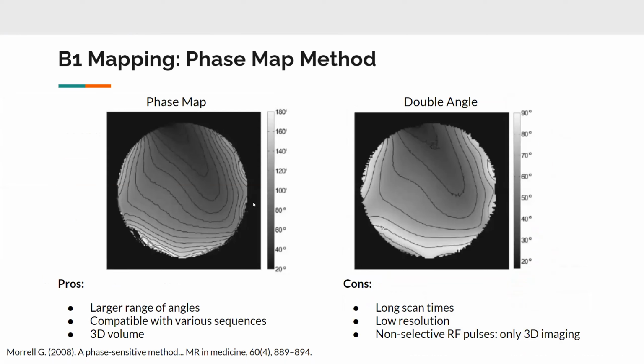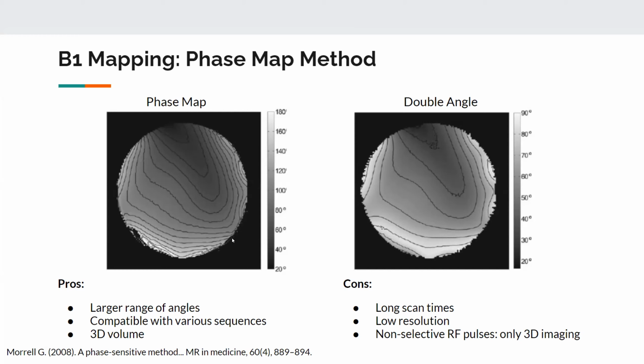So here's a comparison of two different methods, the phase map method for B1 and the double angle B1 method. For the most part, both of these mappings show the relative same trend. So there's regions of a smaller flip and a greater flip along the edges, but the place that the phase map method varies is that it is able to show a larger range of angles.